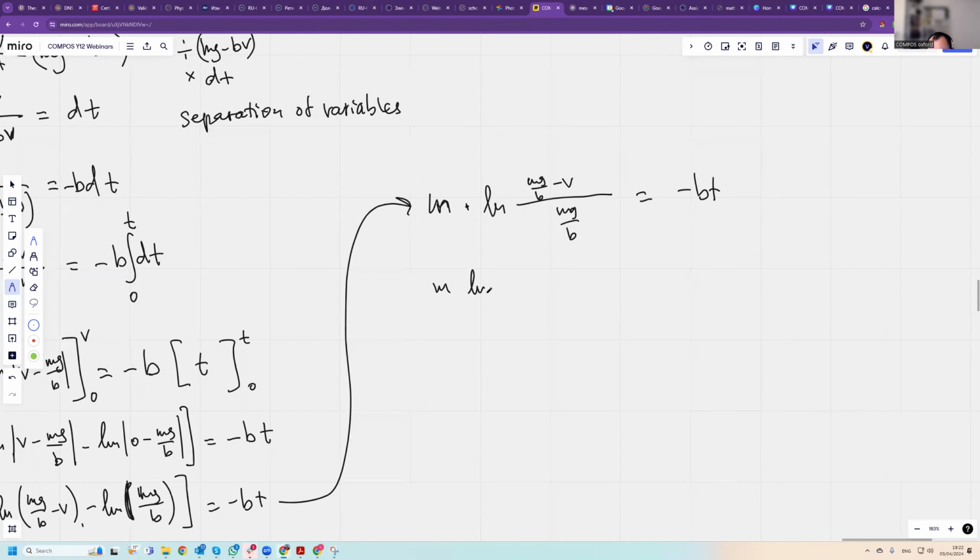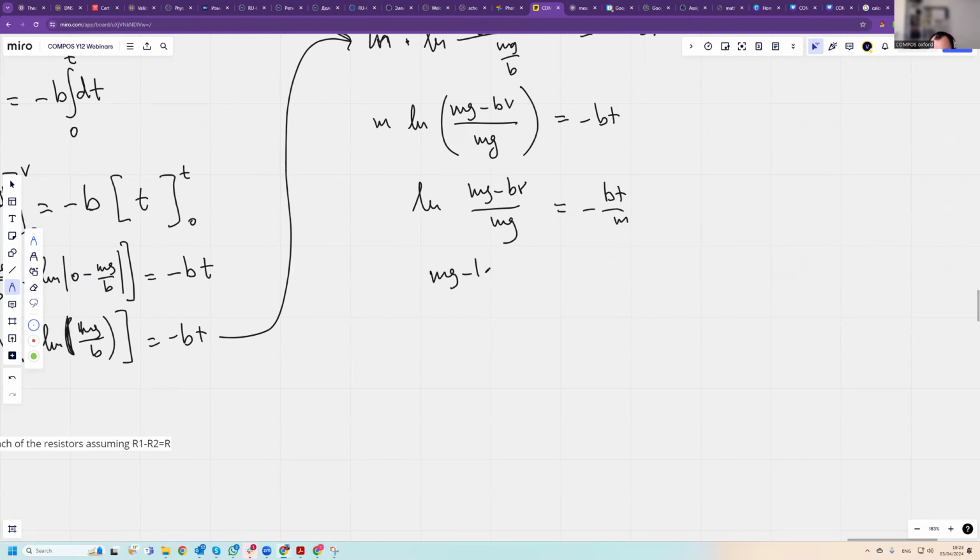So it's m logarithm of mg minus bv over mg equals minus bt. Logarithm of mg minus bv over mg equals minus bt over m, and mg minus bv over mg equals e to the power minus bt over m. 1 minus bv over mg equals e to the power minus bt over m.